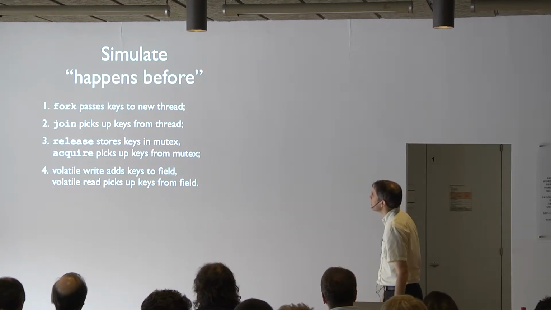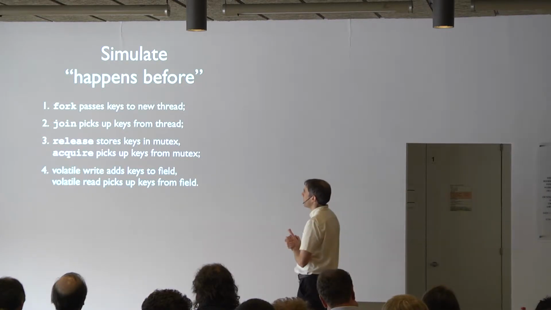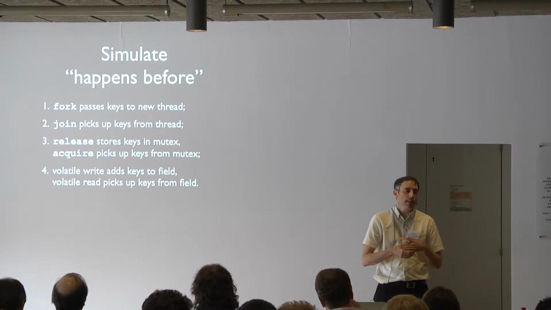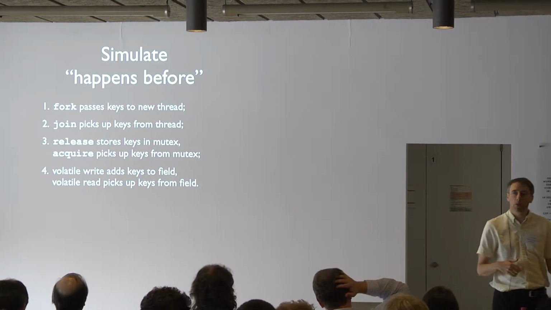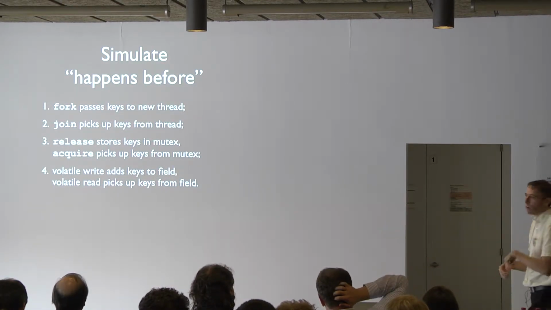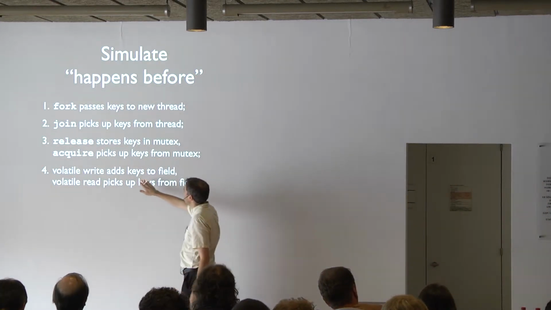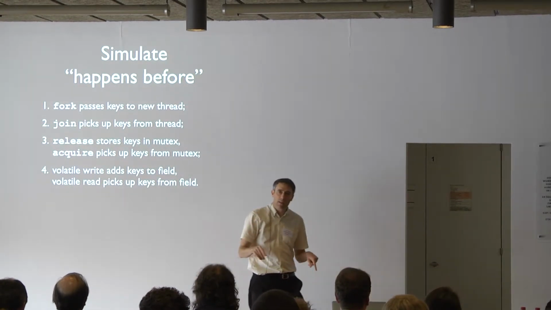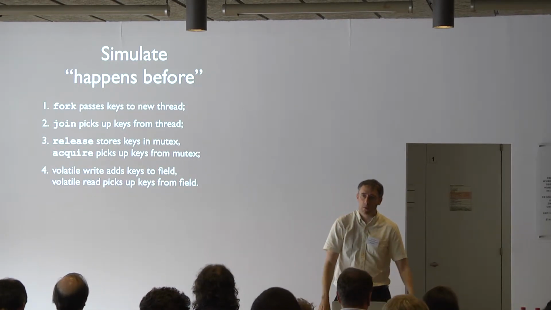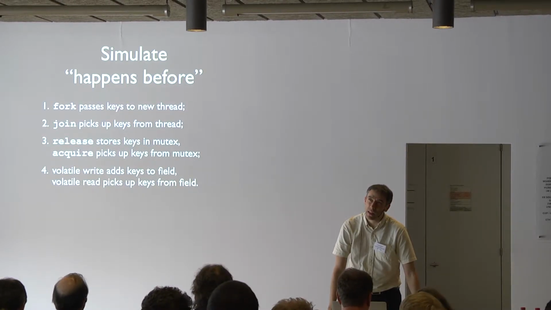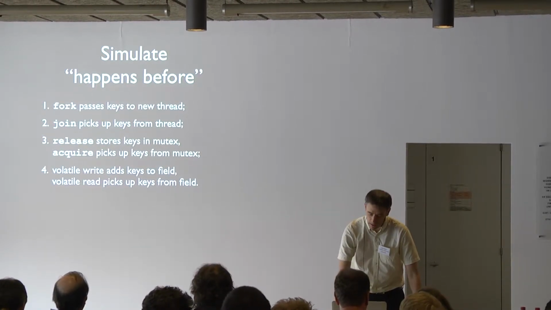And this simulates what happens before. If you fork, you pass the keys to the new thread. If you join, you pick them up from the thread. Release will store these keys in the mutex. An acquirer will then get them. And if you write to a volatile field, you'll store those keys, and if you read, you will get all the keys that were put in there.